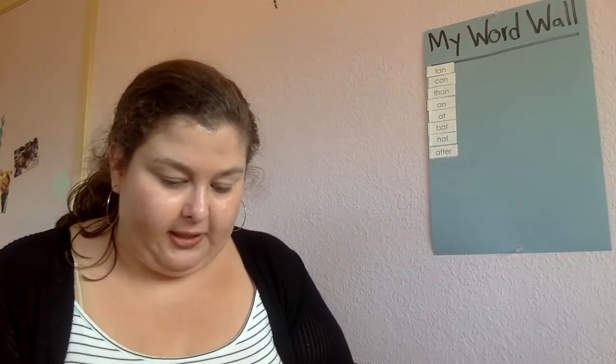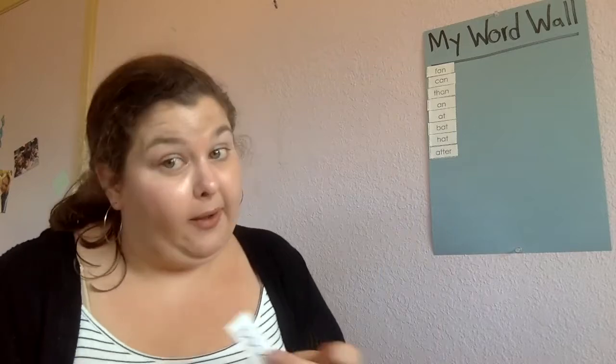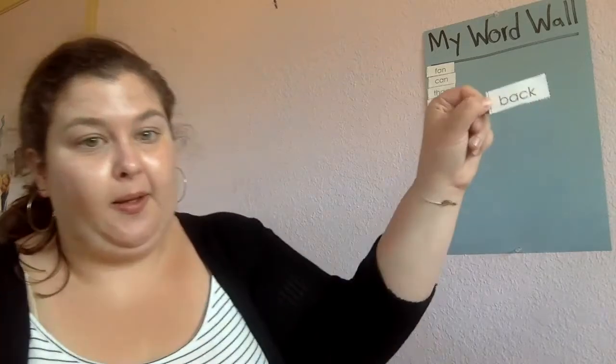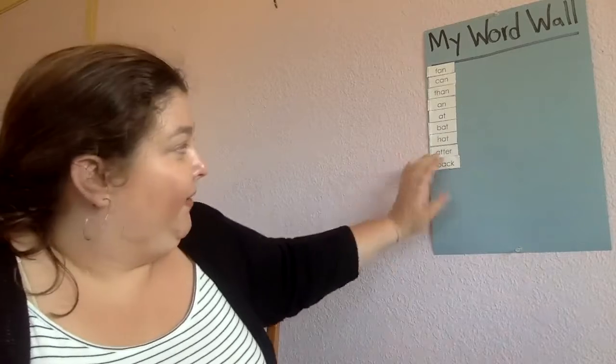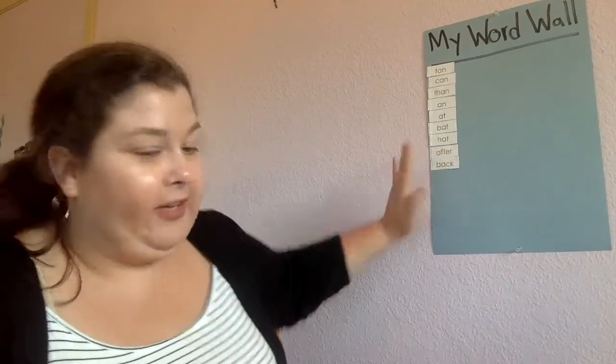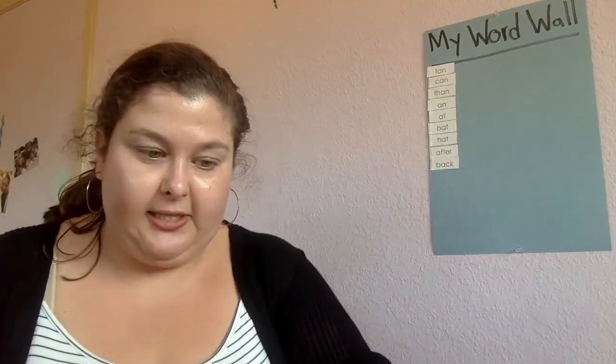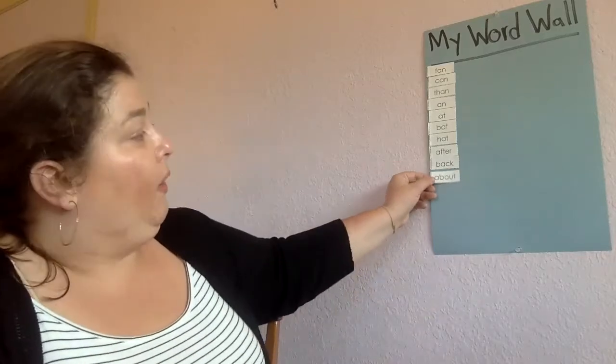Back of the line, please, or I'll be right back. Back. Ooh, this is filling up, everybody. It is filling up. And our last word is about. About. That's a good one to learn how to spell. About. Okay, so these are your snap words for week 1.